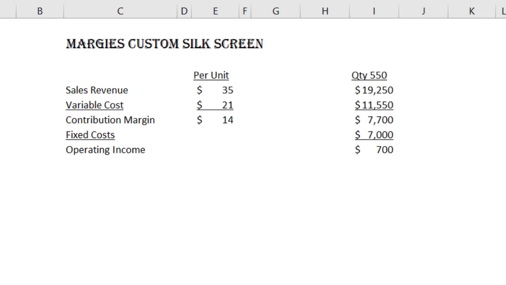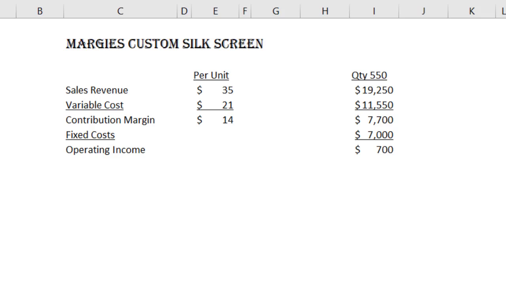Since she sold 550 t-shirts, at $21 each, the total variable cost is $11,550. That gives her what's left over as the contribution margin, which is how much you have left over to contribute to the fixed cost and leave the rest for profitability. Since her fixed costs are $7,000, she's left with operating income or profit of $700.